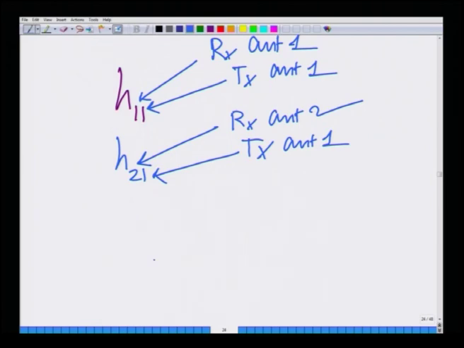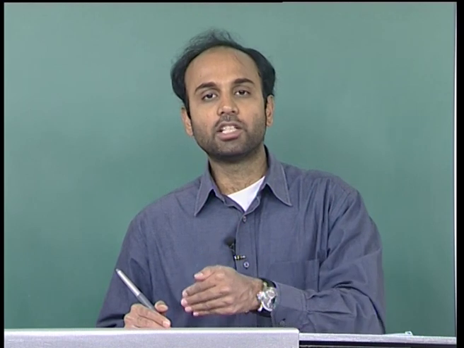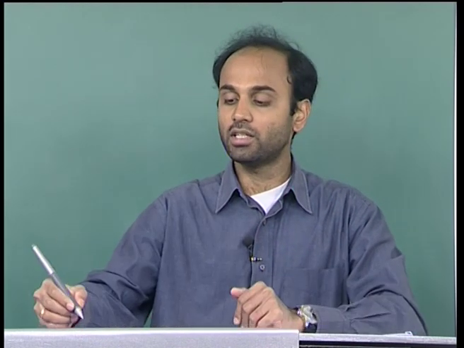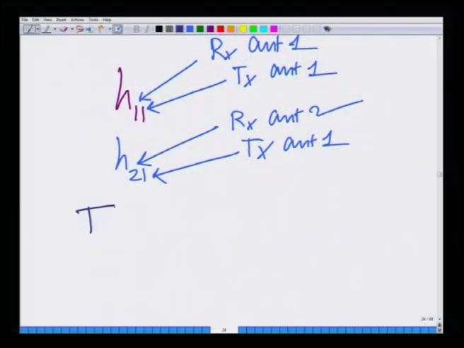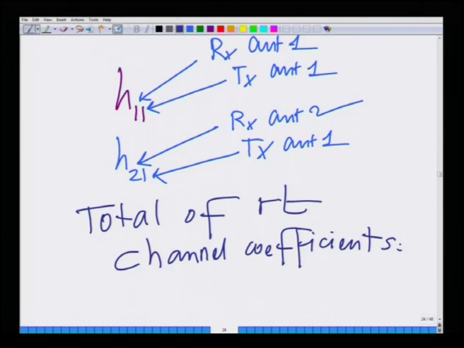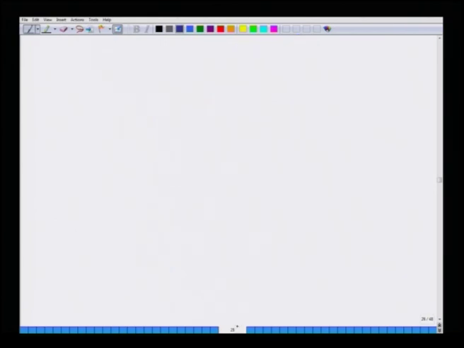Hence, between each of the R receive antennas and T transmit antennas, there is a flat fading channel coefficient. Hence, there is a total of R times T, that is RT, channel coefficients.